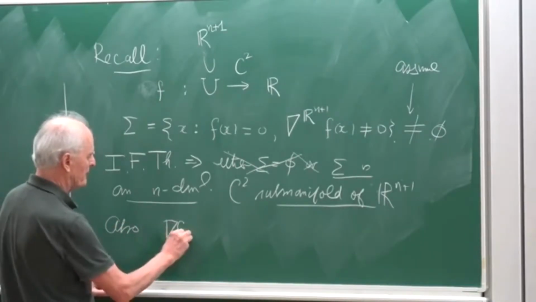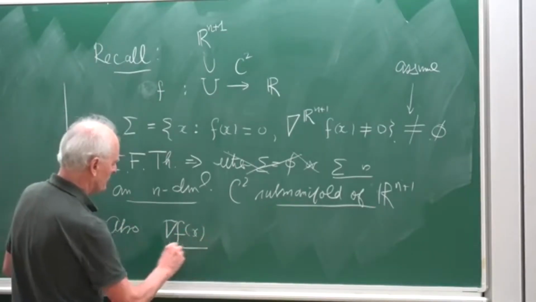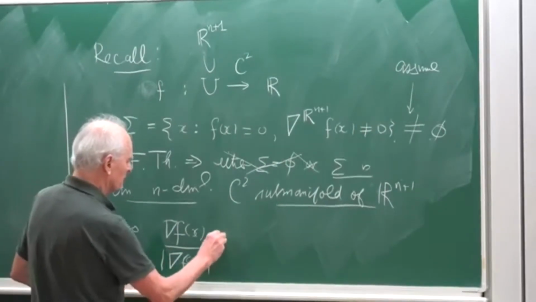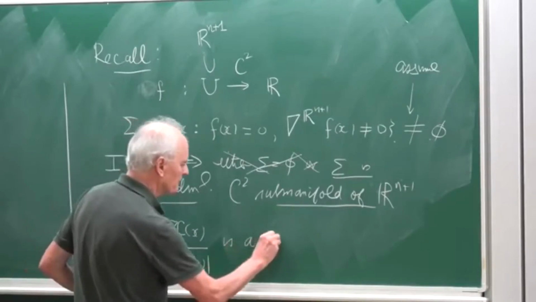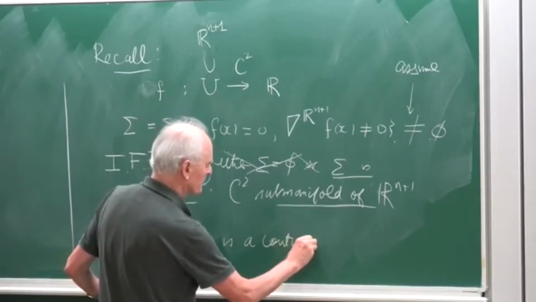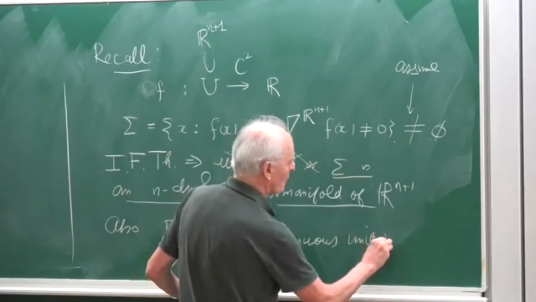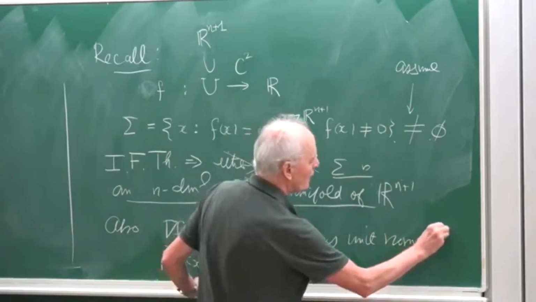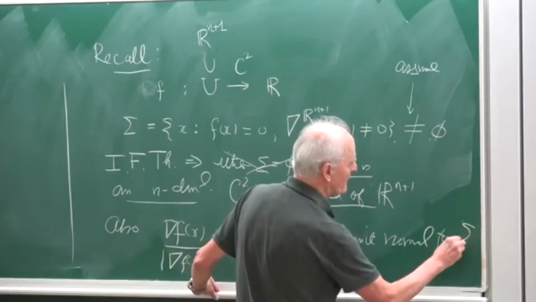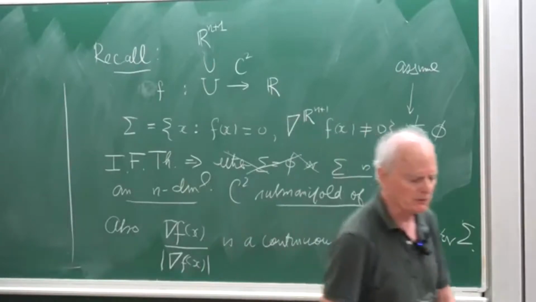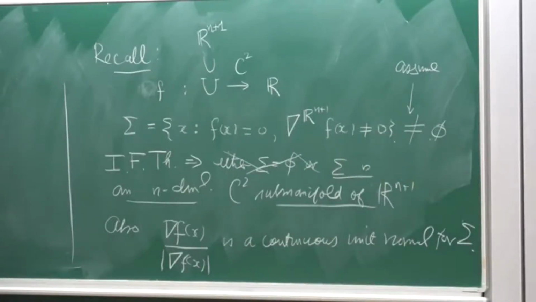The gradient of f at x divided by the length of the gradient of f at x is a continuous unit normal. In fact, it's a C1 unit normal for this submanifold sigma. So that's good. I just wanted to remind you of that because we're going to use that here.